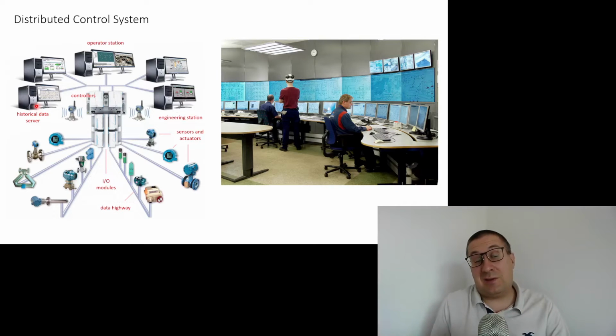This is not a sensor value, but it's a variable, a process point, or a tag, depending on what kind of DCS we are using. There are different names for it, but it also can be stored in the historical data server. And such information can also be utilized by controllers.